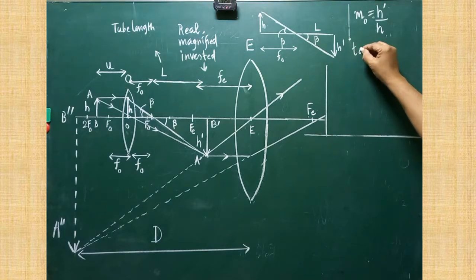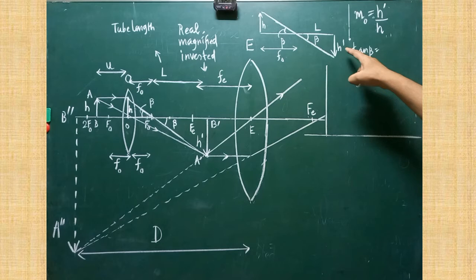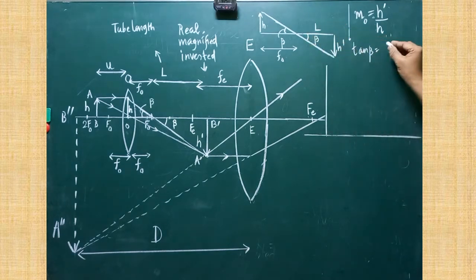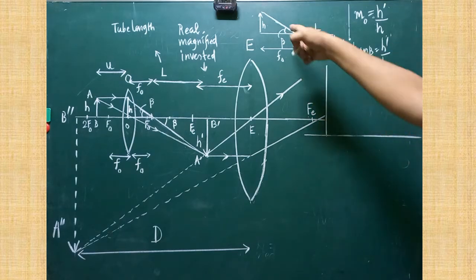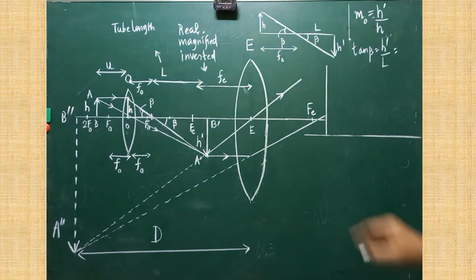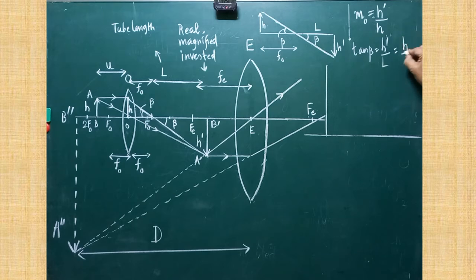So tan beta can be written as, from this triangle in this part you are able to get opposite by adjacent, h dash divided by L. From the other part of the triangle the same tan beta can be obtained, opposite by adjacent, h divided by FO.